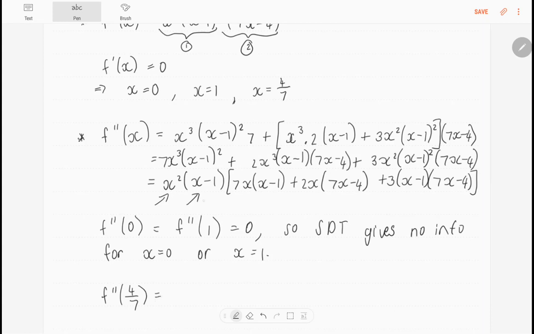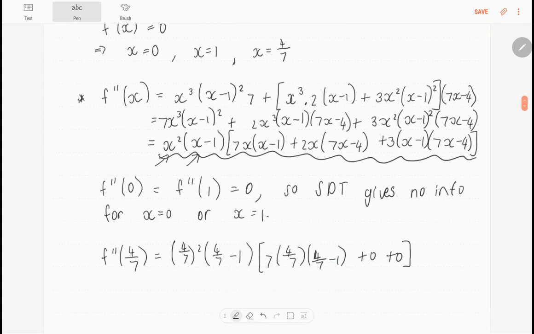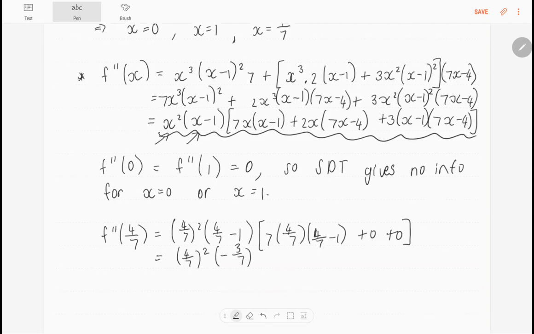If we substitute that into this equation, then we get 4 over 7 squared, 4 over 7 minus 1, then we get 7 multiplied by 4 over 7 multiplied by 4 over 7 minus 1, and then plus 0, which gives us 4 over 7 squared multiplied by minus 3 over 7 multiplied by 4 multiplied by minus 3 over 7.